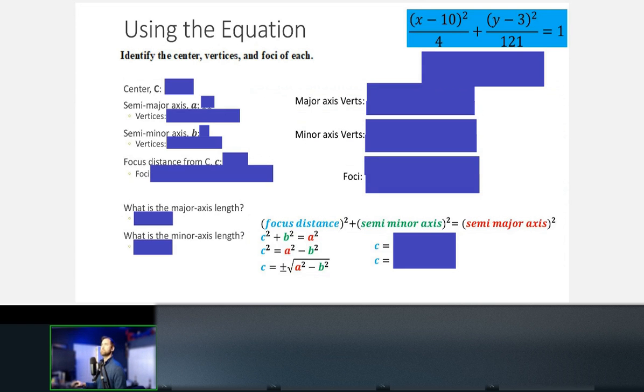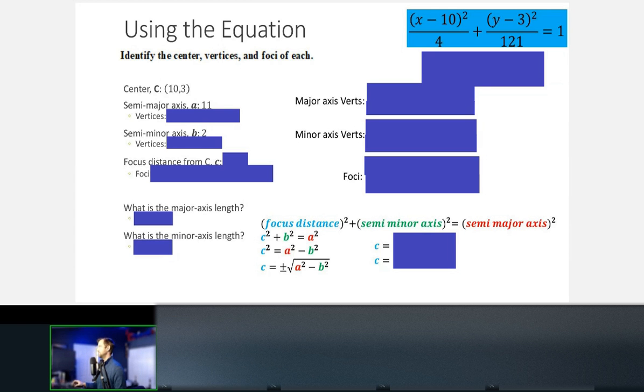What's the center? 10, comma 3. 10, comma 3. What is the A value? 11. What is the B value? 2.